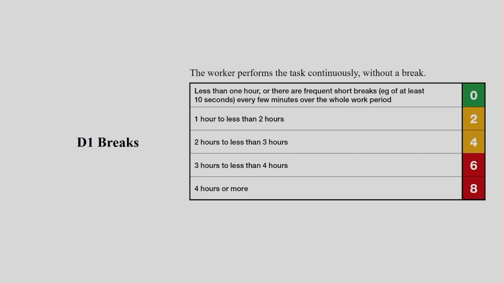What it says is: 0 means less than 1 hour, or there are frequent short breaks every few minutes over the whole period. 1 hour to less than 2 hours, 2. 2 to less than 3 hours, then 4. 3 hours to less than 4 hours, it is 6, and more than 4 hours, then it is 8. So this is all about break.